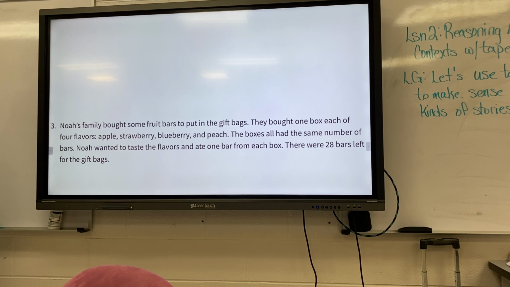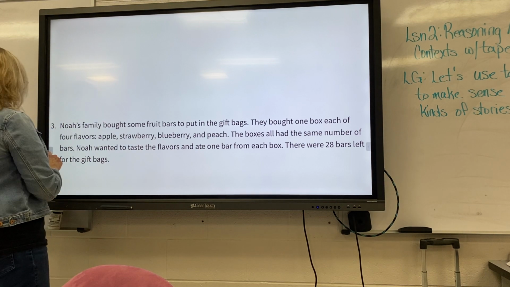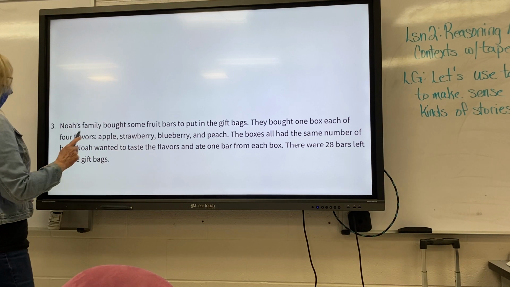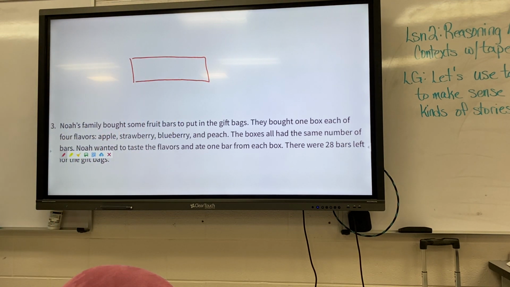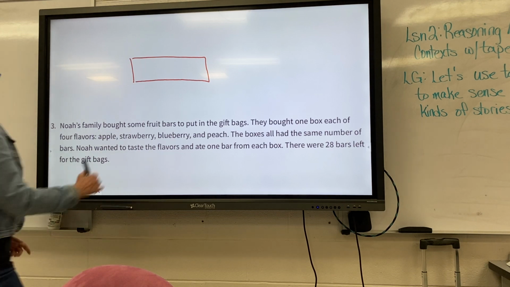Okay, what do you think? Well, we're going to start with a tape diagram. What are we going to do with it? Divide it into the 4 flavors.